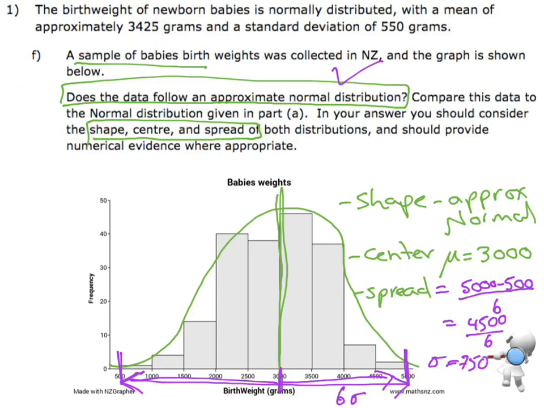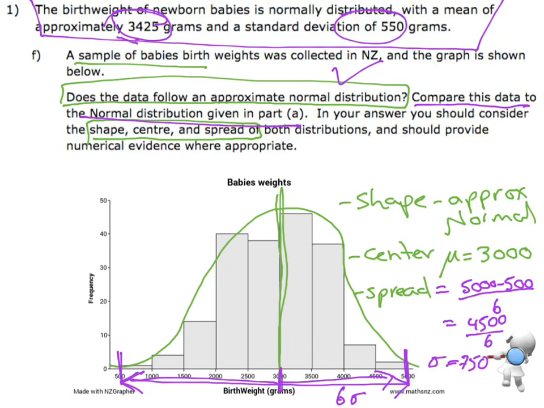Okay, next one. Compare this data to the normal distribution given in part A. So in part A, and that's why I've got the bit at the top here, we were told that newborn babies have a mean weight of 3,425 and a standard deviation of 550. So we want to now compare ours.